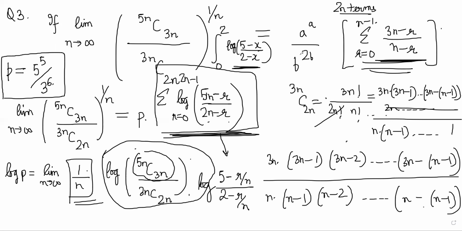Right? Have you understood what we are doing? Okay. Try it yourself once and see if you're getting it right. Write this answer, 5 power 5 by 3 power 6.